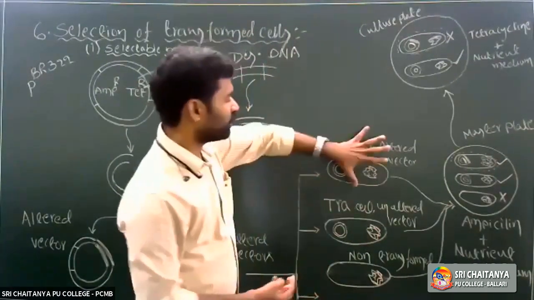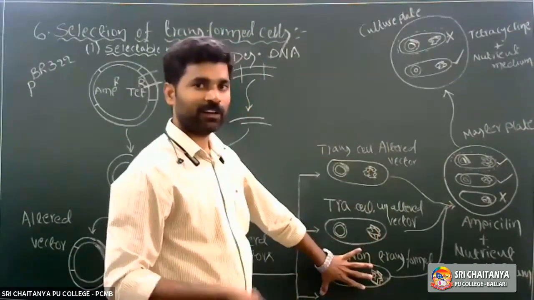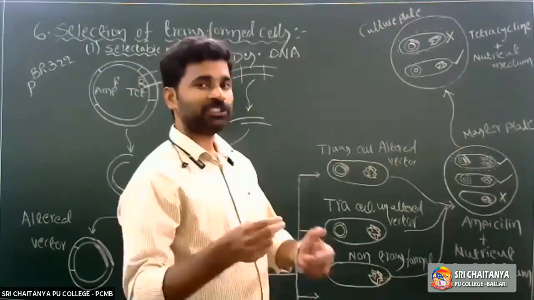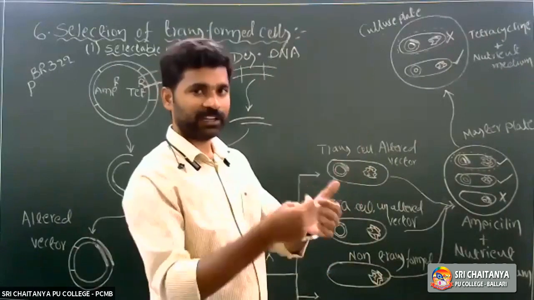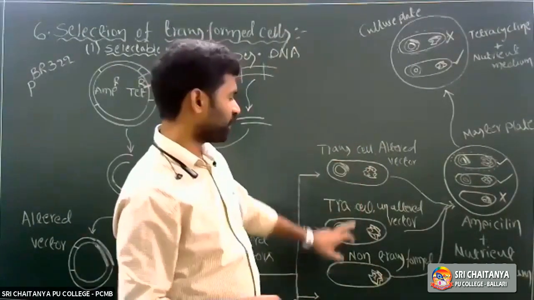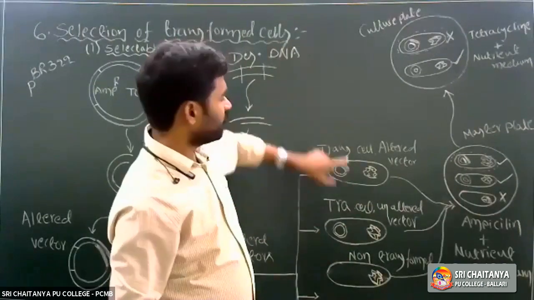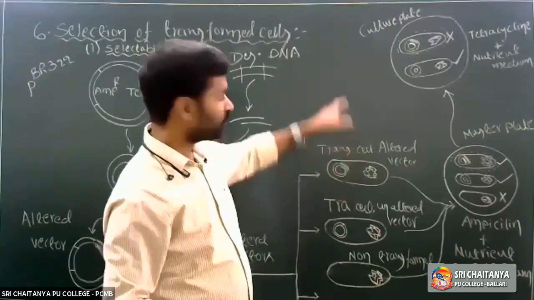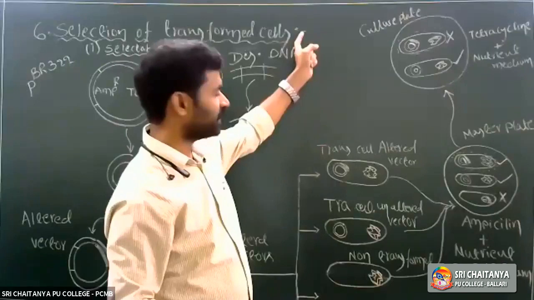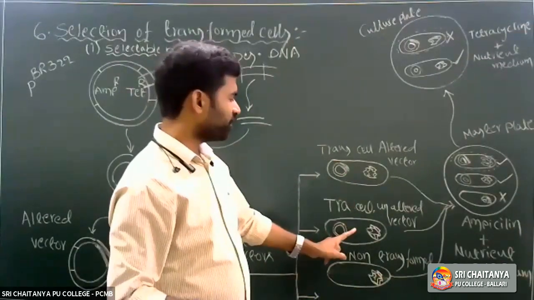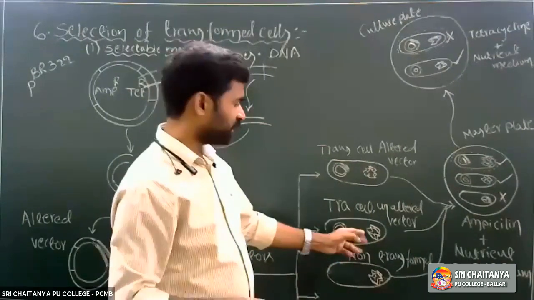So what are transformed cells? What are non-transformed cells? I already told you the definition. Transformation is a procedure by which insertion of foreign DNA or other DNA into the host cell cytoplasm is called the transformation procedure. See here, this is also a transformed cell. Why? Because pBR322 and the desirable DNA are inserted into the host cell cytoplasm. In this case also, only pBR322 enters the cytoplasm.